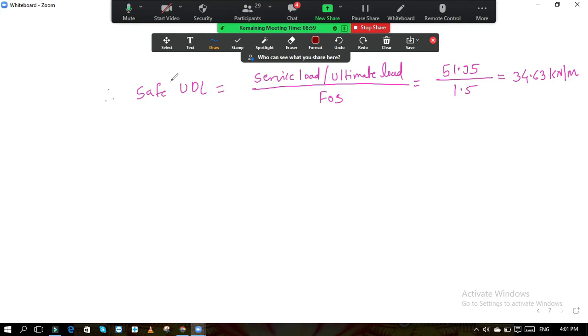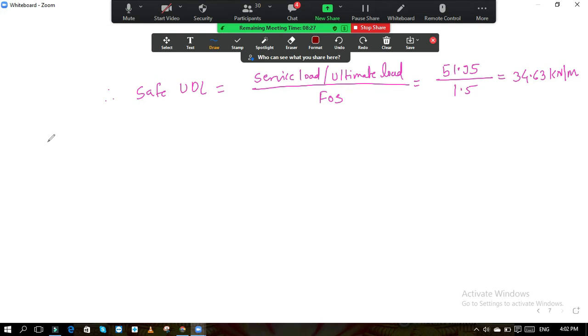Suppose for this safe UDL, they may ask: the service load is 51.95 kilonewton per meter, what will be the safe load on the structure? In that case you need to divide it by 1.5. I am just giving you an example of how the MCQ can be asked. So please do understand each step, so there will not be any confusion. Then in whichever way the question may be asked, you will be able to give the answer.